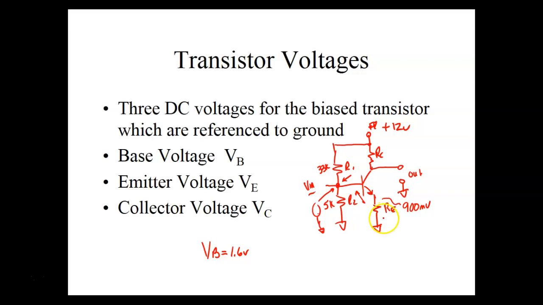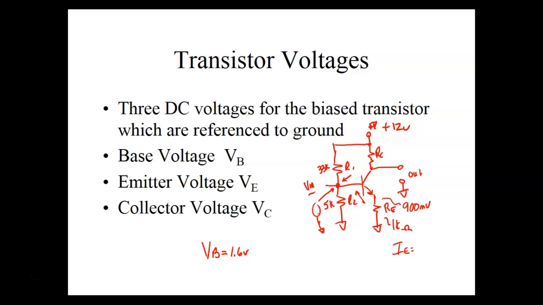Now let's say RE is 1K ohm. Then what would be the current flow through? I know the voltage, I know the ohms. So now what we're going to do is calculate IE, because the current flow through RE is going to be IE, right? You understand that? So what would be the current flow through IE?